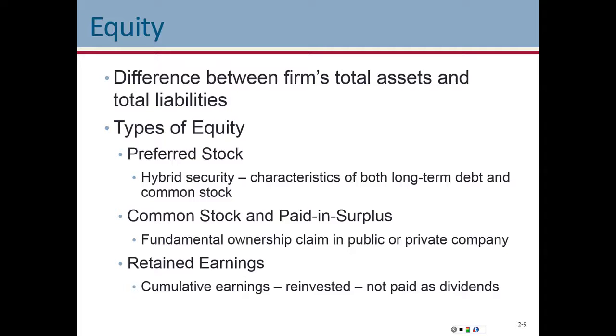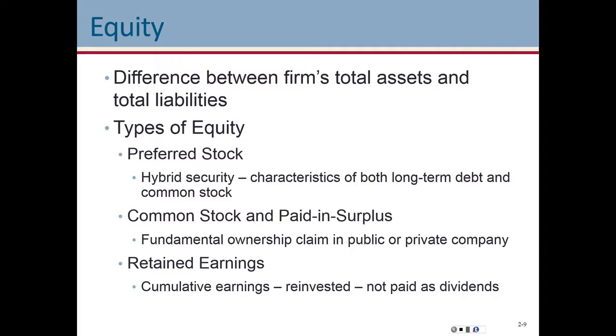Equity. We have several types of equity. Now, preferred stock is you are quote unquote part owner of the firm, yet you have preference in receiving dividends. We don't think of them as pure stockholders. It's more like a combination.